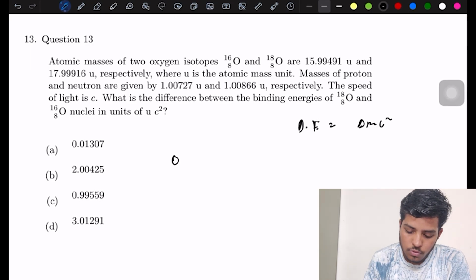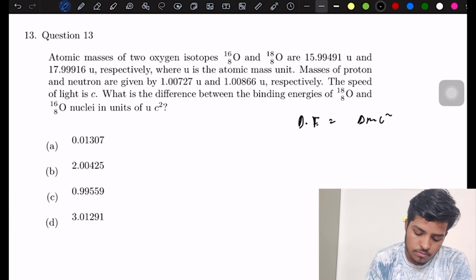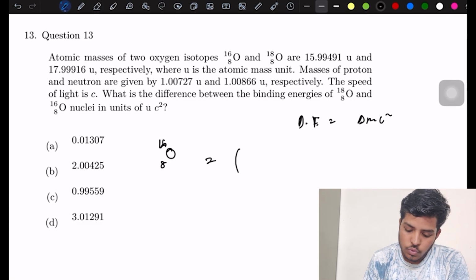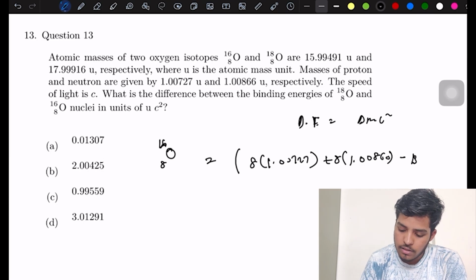So for the O16 isotope, delta m equals 8 into 1.00727 plus 8 into 1.00866 minus 15.99491, delta m mu c square.